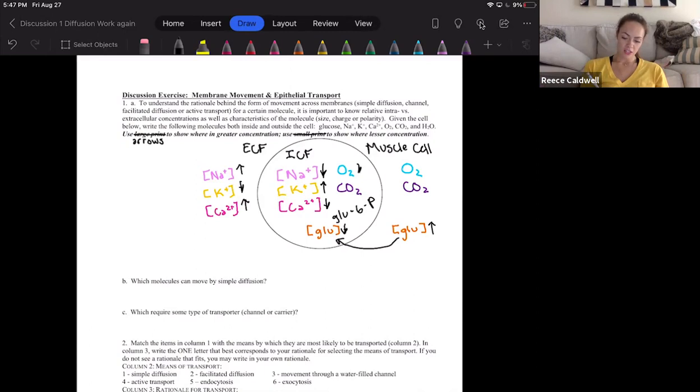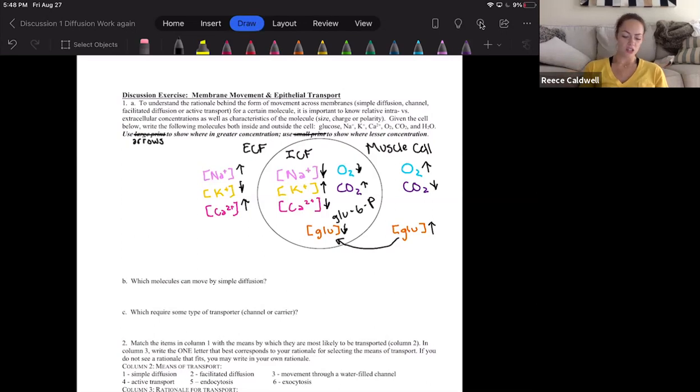Oxygen is going to be in lower concentrations inside the cell and higher concentrations outside. And carbon dioxide, again, will be inverse. It'll be higher concentrations inside because our cells will go through metabolism, and the byproduct of metabolism is carbon dioxide. So we'll have higher concentrations of carbon dioxide inside the cell and lower concentrations outside.